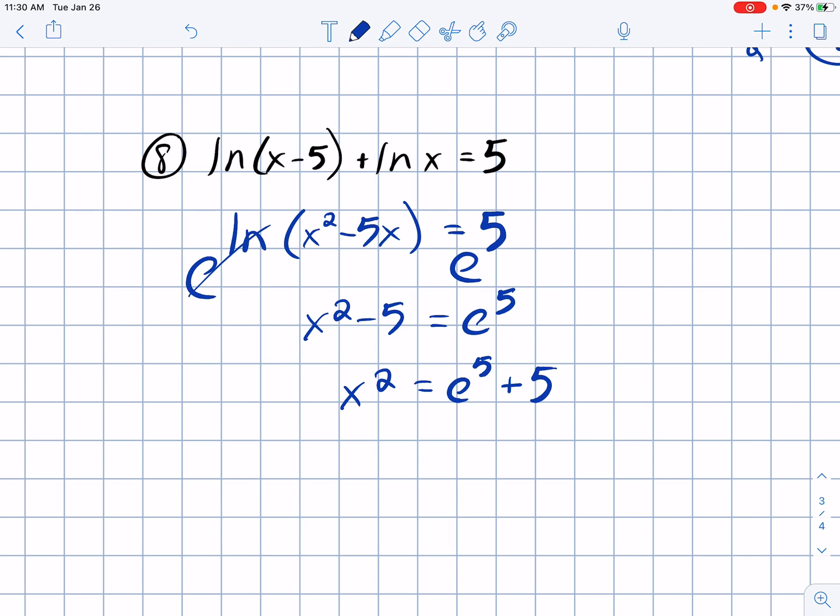So we'll leave it just like this. And then we'll take the square root of both sides, and we get x equals plus or minus the square root of e to the 5th plus 5. If you needed to use a calculator, you would use a calculator. But if it just says leave in terms of e, we're just going to leave it in terms of e here, and that's okay.